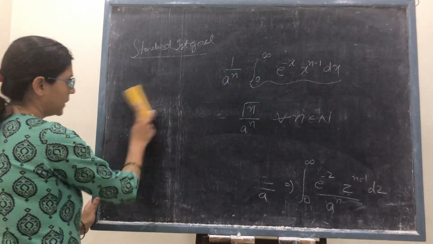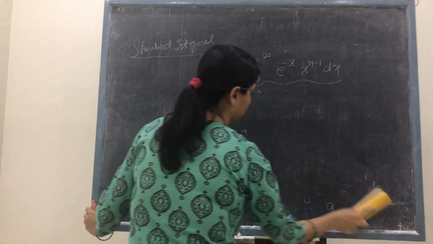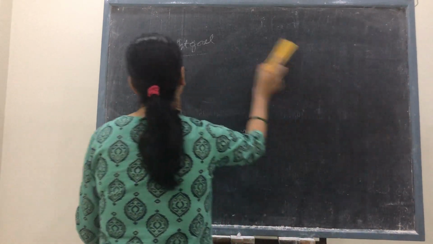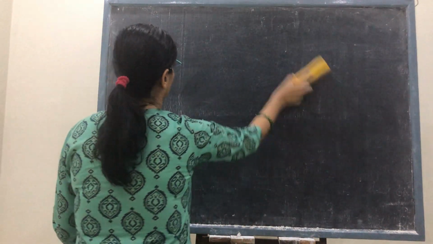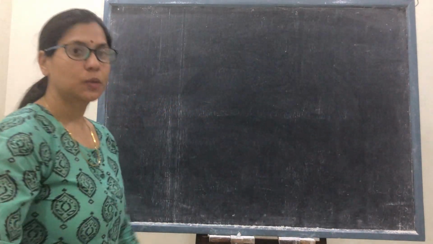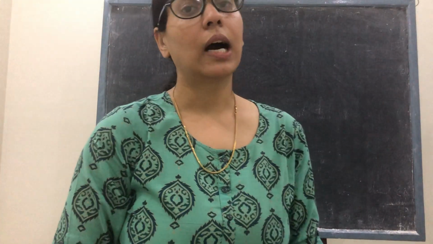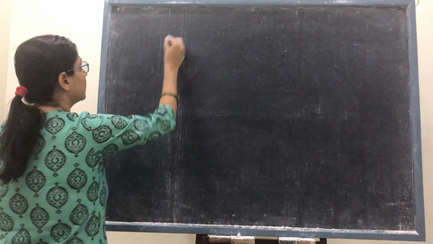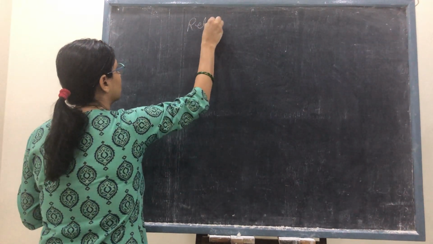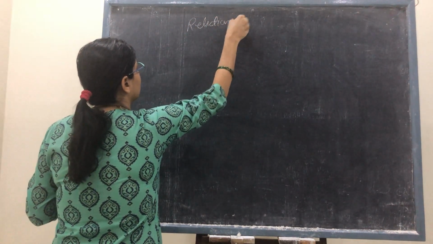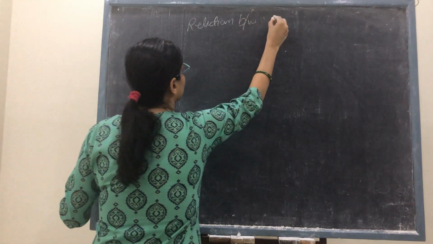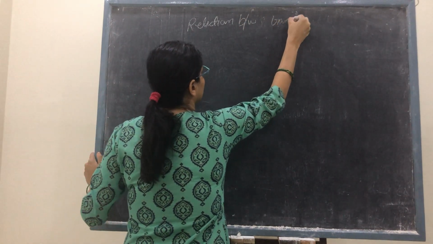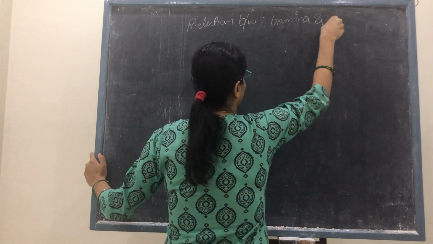These are the properties of the gamma function. Now we come to the main point: the relation between gamma and beta function.